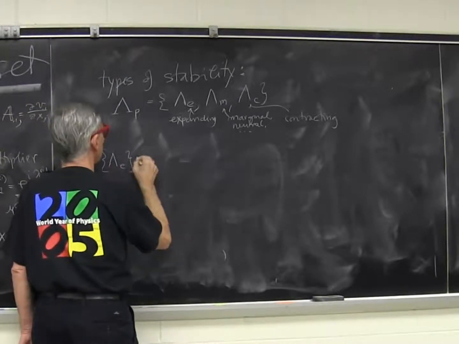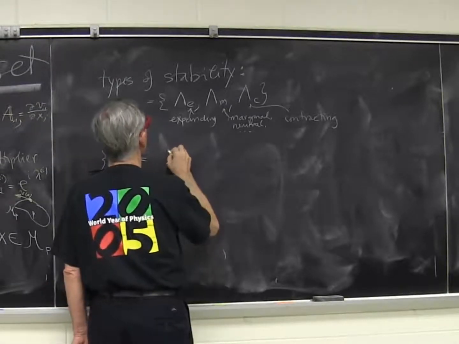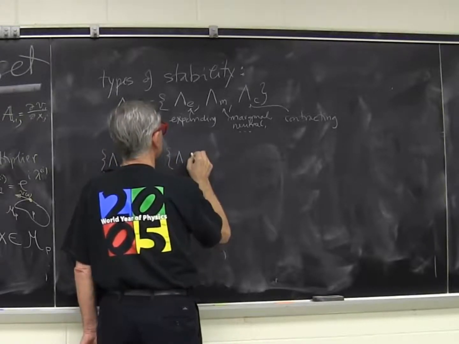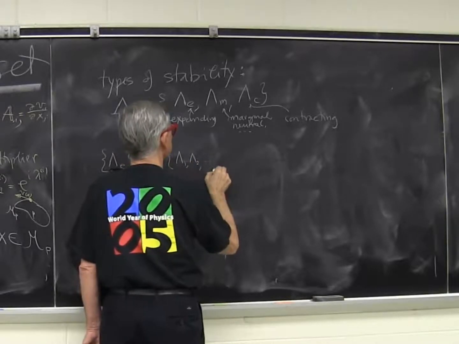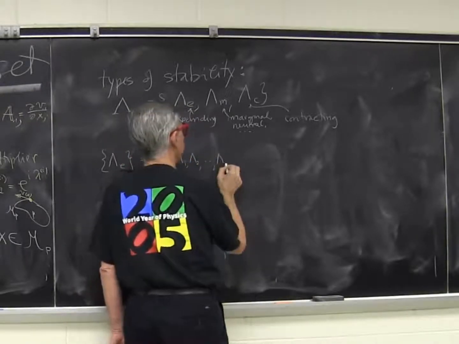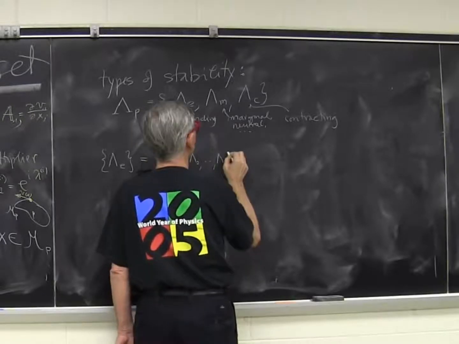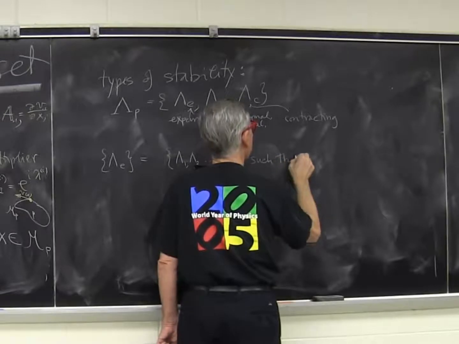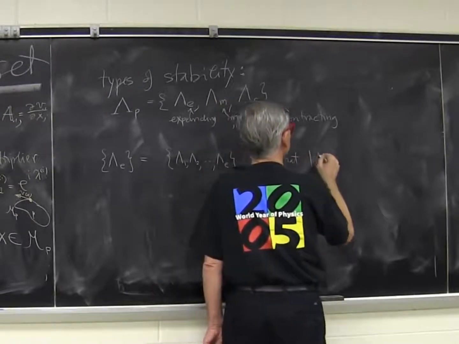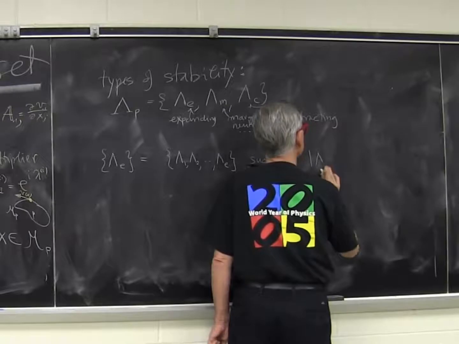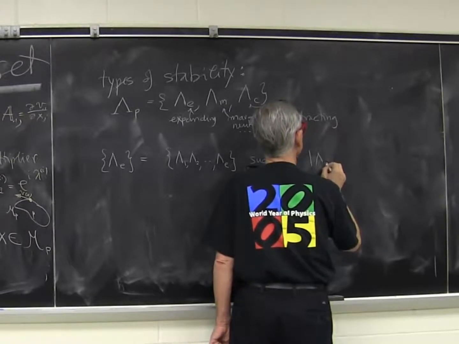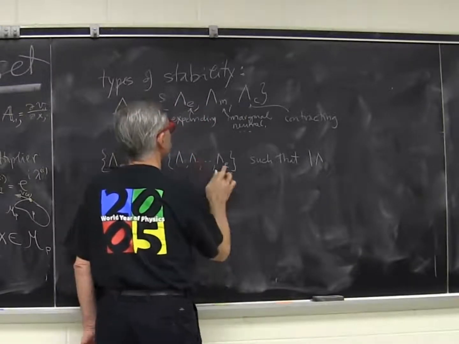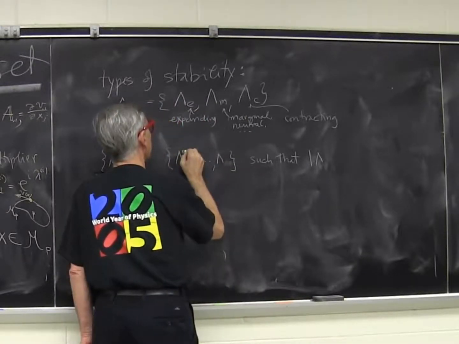Lambda expanding, these are all multipliers, let me say that E is also the number of expanding, such that the magnitude of the multiplier, I'm trying out new notation.